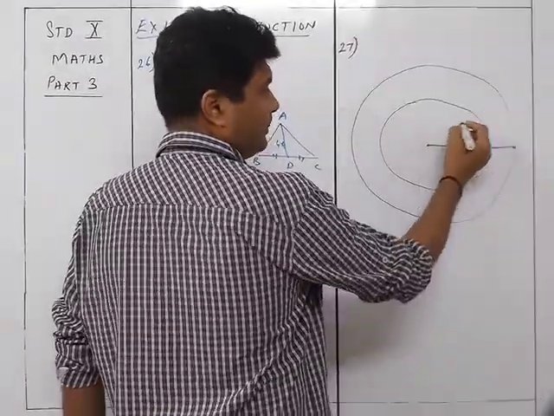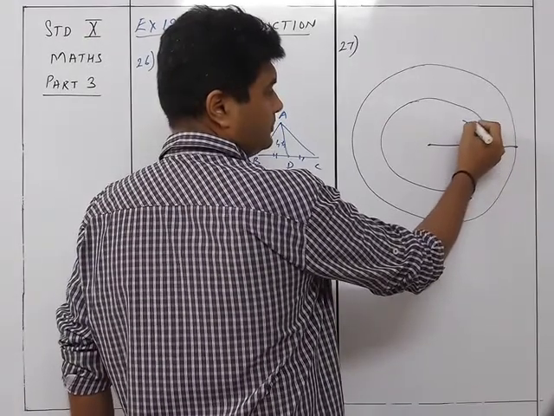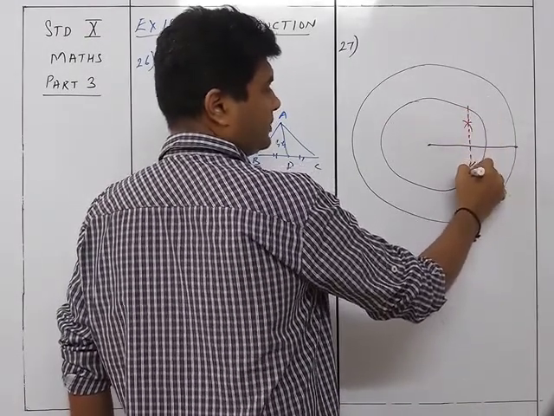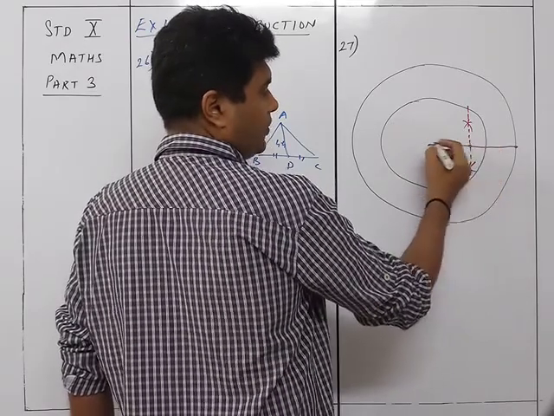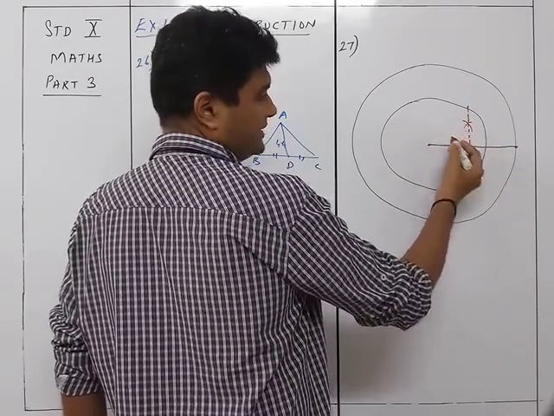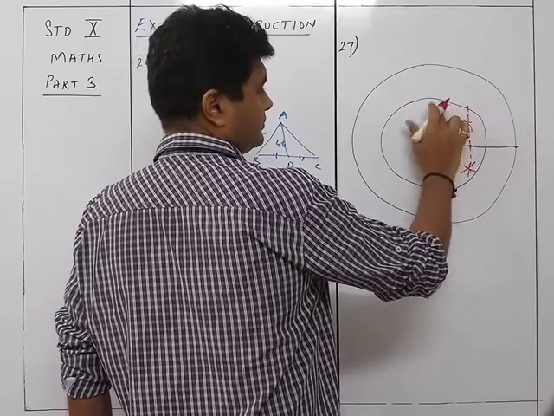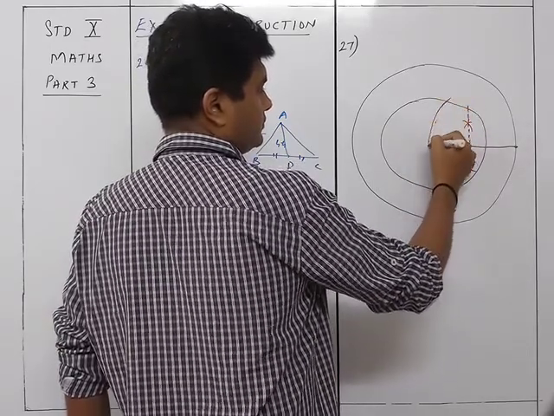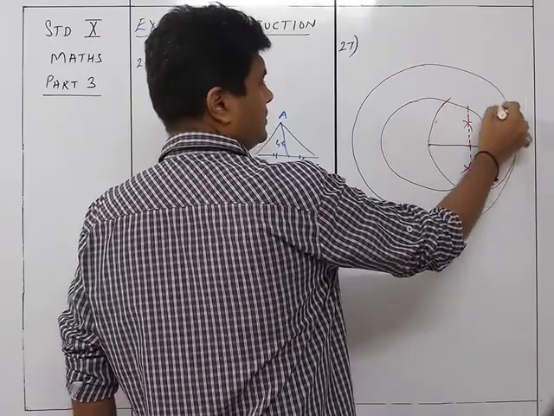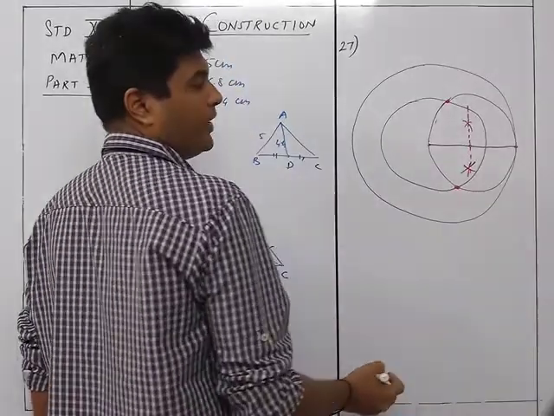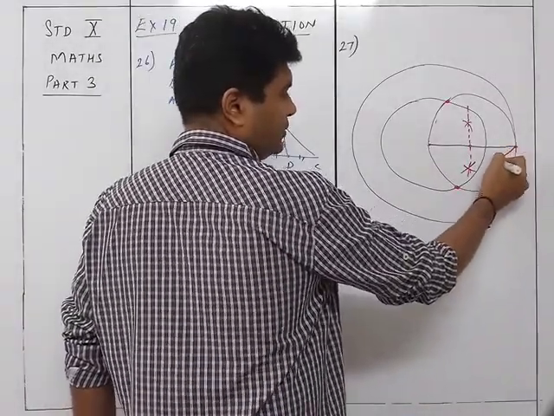So from here, perpendicular bisectors. So this perpendicular bisector will be like this. And from here, I am going to draw the circle, or you can just draw arcs. So this will be the circle like this. So this point and this point are the required points for the tangents. Just join those.